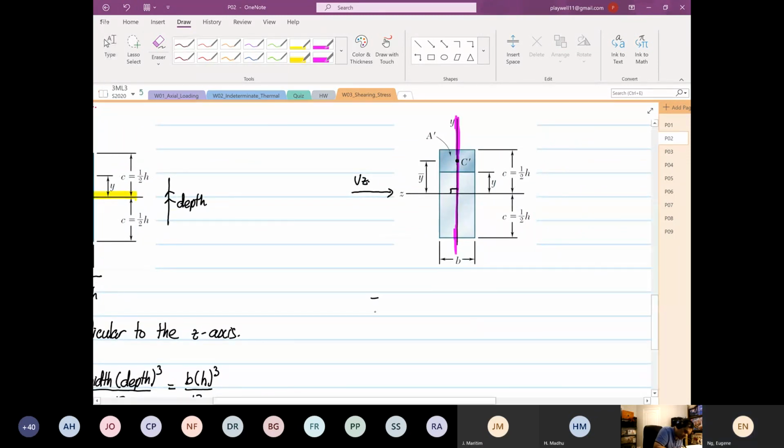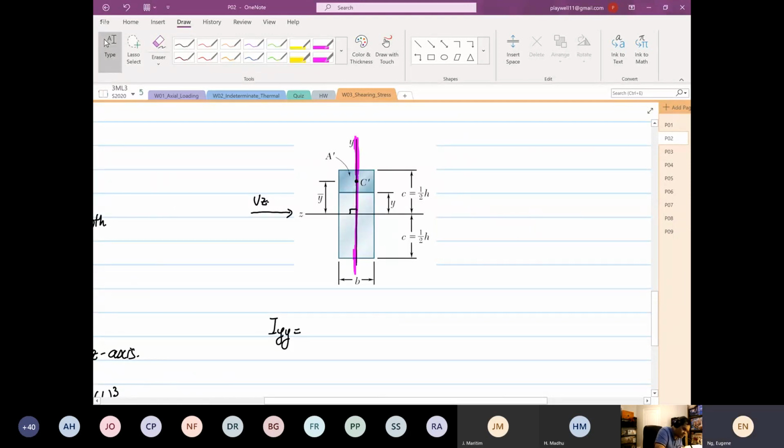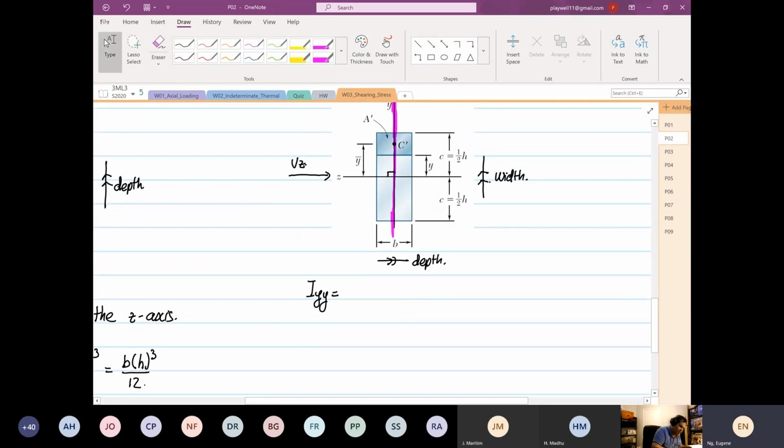So Iyy now. Anything parallel to the y axis is the width, and perpendicular is your depth. For this case, the formula did not change. It's width multiplied by depth cubed divided by 12.